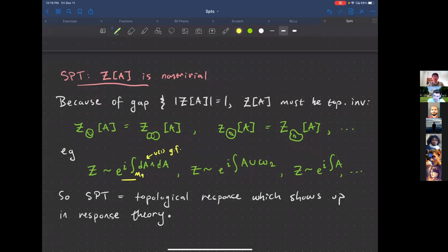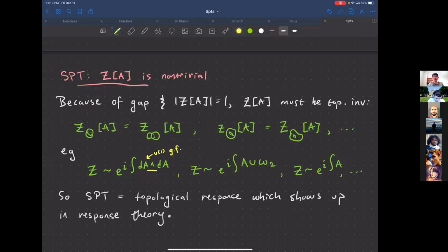People probably know that this wedge product of the curvatures here is locally a total derivative. Locally it is A wedge dA, but globally it's non-trivial, and if I integrate this over a manifold, I'll get some number, and that number only depends on the topology of M4.